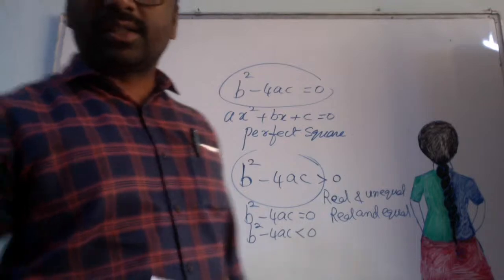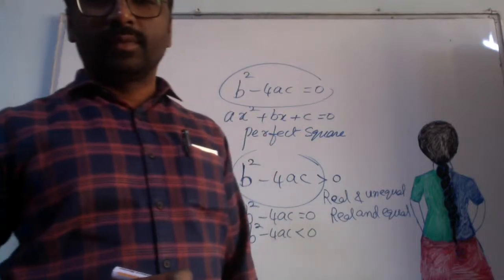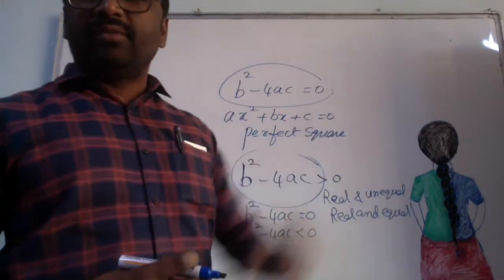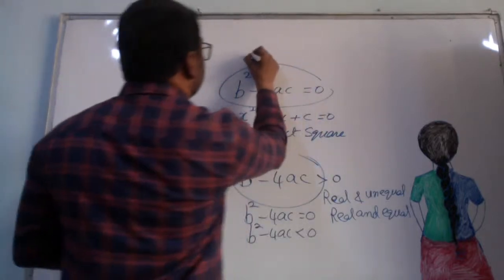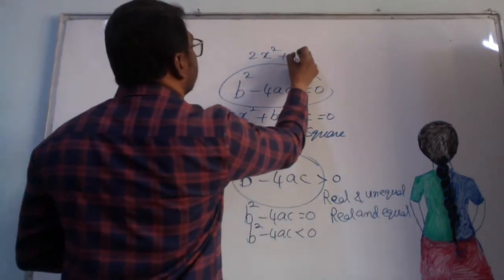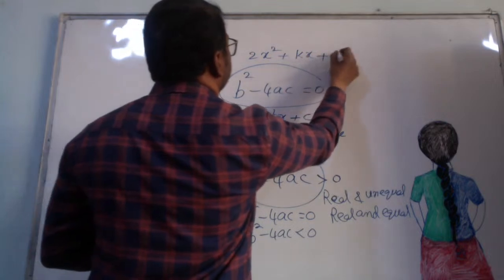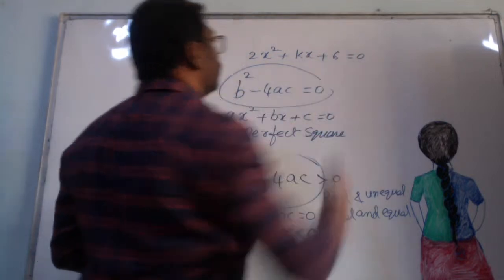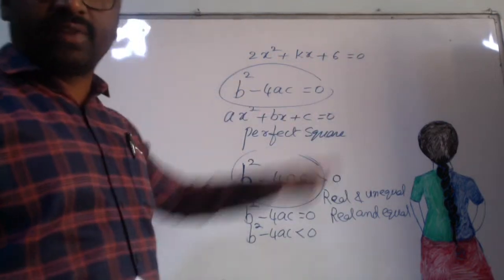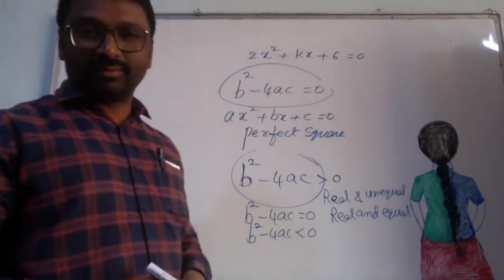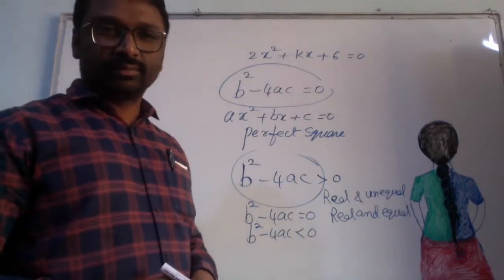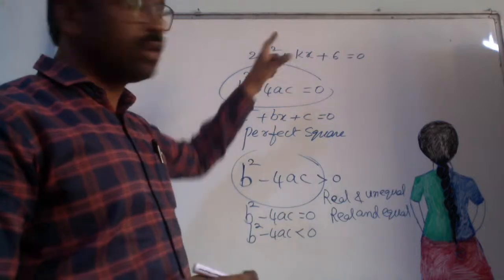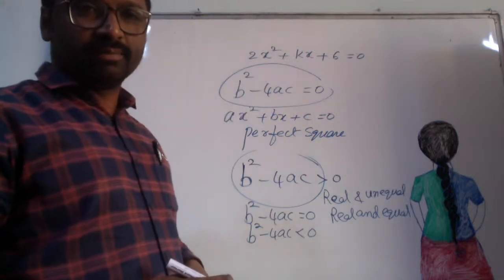Suppose the question will ask, one quadratic equation will be given, suppose 2x square plus kx plus 6 equal to 0 is a perfect square. Then find the k value. I think you are seeing this point for the first time.